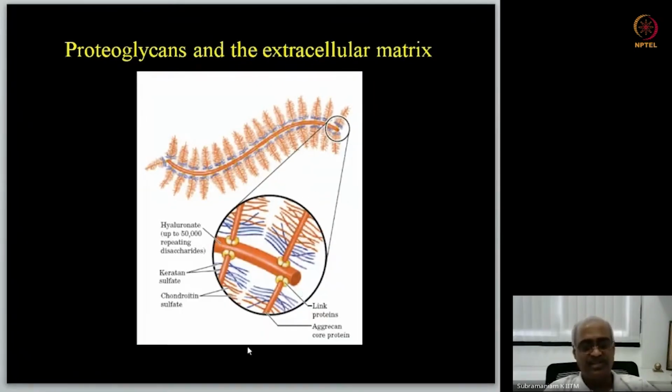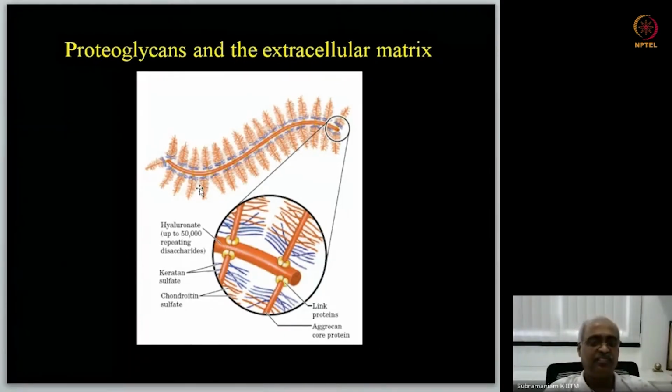And such a long core aggrecan with multiple chondroitin sulfate and keratan sulfate attached is again connected to this long hyaluronic acid and held in place by link proteins. And such long structures are a very, very integral component of the extracellular matrix, providing the structural characteristics of the extracellular matrix.